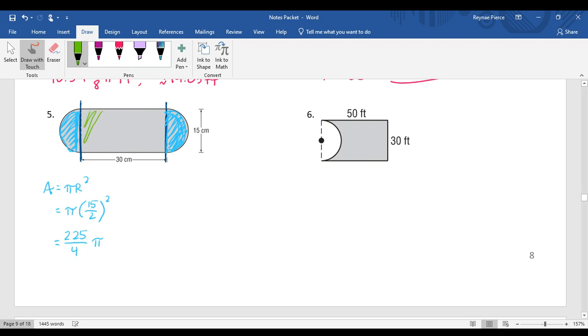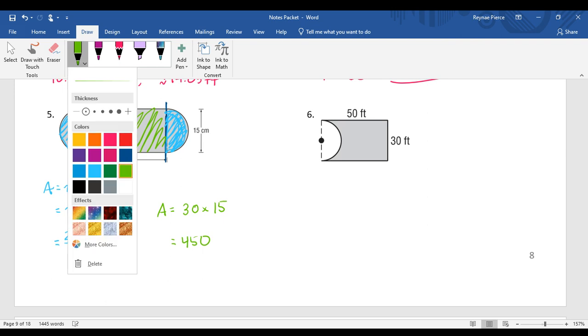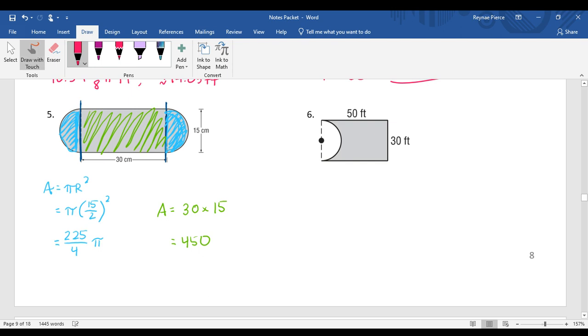Okay, this middle rectangular part, we will take the base of 30 times the height of 15 for an area of 450 square centimeters. We're going to take both of these, add them together. Remember, if you want an exact answer, you cannot add something that has a pi to something that does not have a pi.